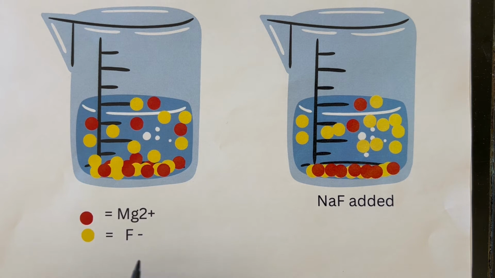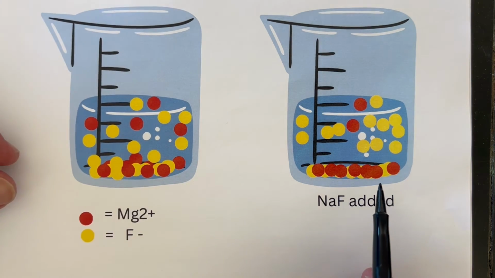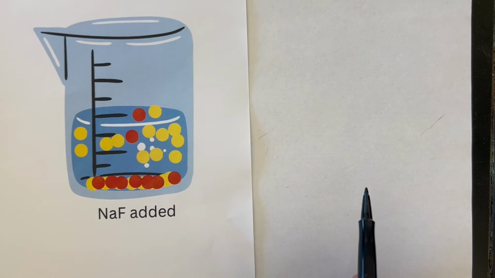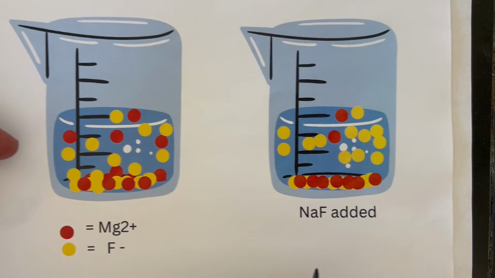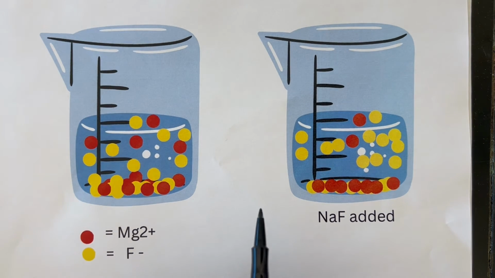If you add some sodium fluoride to it and get those extra fluorides floating around, it causes the magnesium to undissolve a little bit, because now you've got a higher concentration of the fluorine, and in order to achieve the KSP value, the fluorine went up, so the magnesium has to go down a little bit. It's going to shift back to the left and undissolve some of the magnesium fluoride and try to get back to the equilibrium constant amount. So that's a fun little diagram that I cooked up this morning.